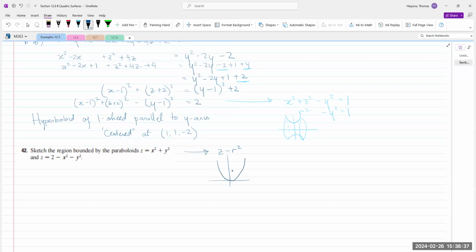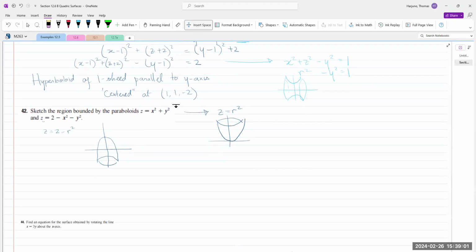While this one here is z equals 2 minus r squared, so it looks like this, so both of them are paraboloids. The thing is, can we graph both of them at once? Well, just put things together then. I try, but I don't think it's nicely doable.